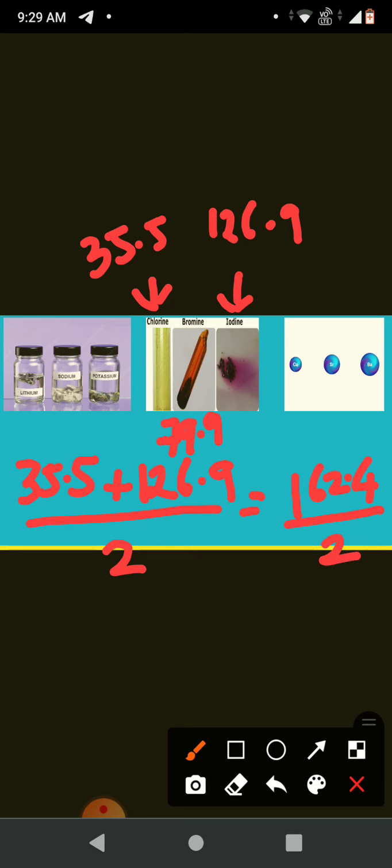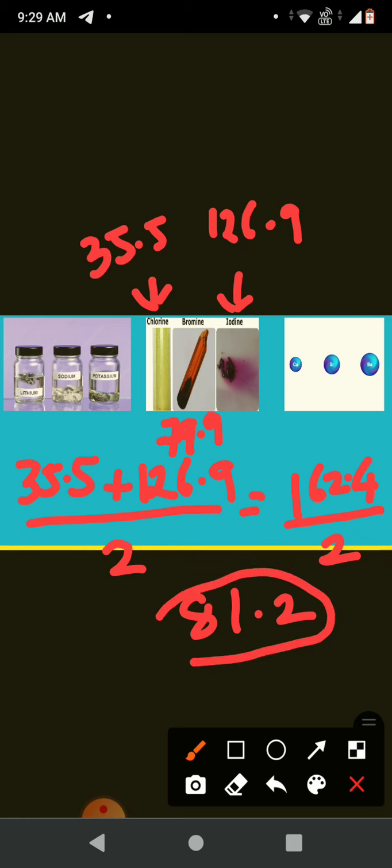When we divide 162.4 by 2, we get 81.2. So the mean of the first and third element is almost equal to the middle element. The atomic mass of the middle element is 79.9, nearly equal to 80, and the mean of the first and third element is 81.2, which if we round off will be 81. So it is approximately equal.